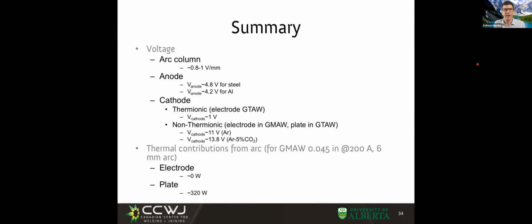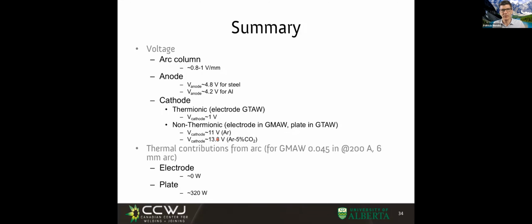Electrode negative is going to have higher deposition rate. And the reason is that the cathode fall voltage is more than twice as high. And that means when the electrode is negative, I'm having more than double the energy going into the electrode. I need to more or less double my wire feed speed.